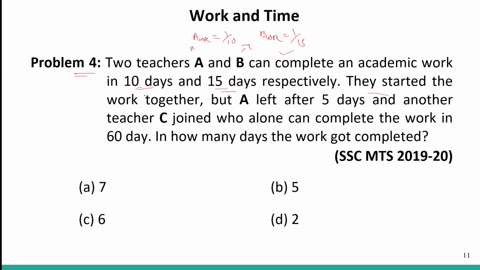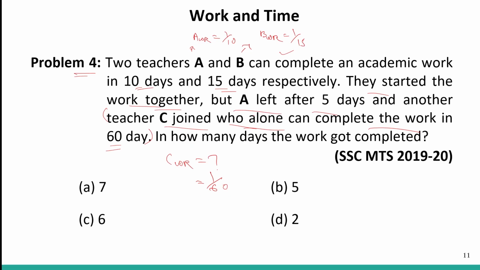They started working together, but A left after 4 days and another teacher C joined, who alone can complete the work in 60 days. So C's work rate is 1 by 60, because he can complete the whole task in 60 days.